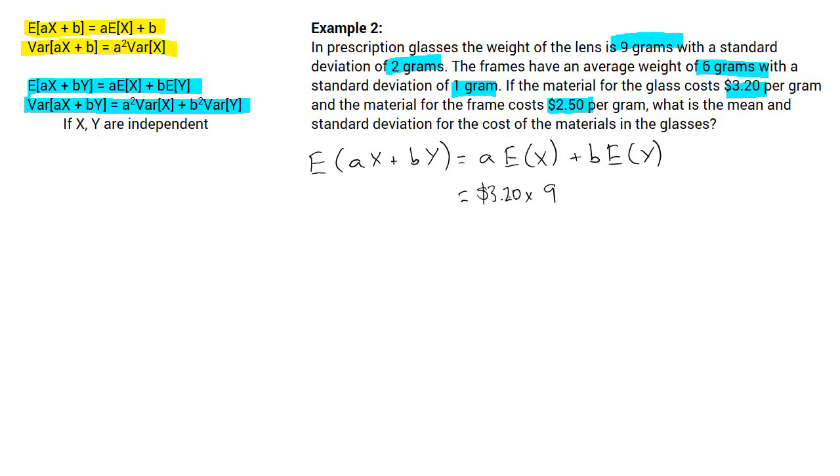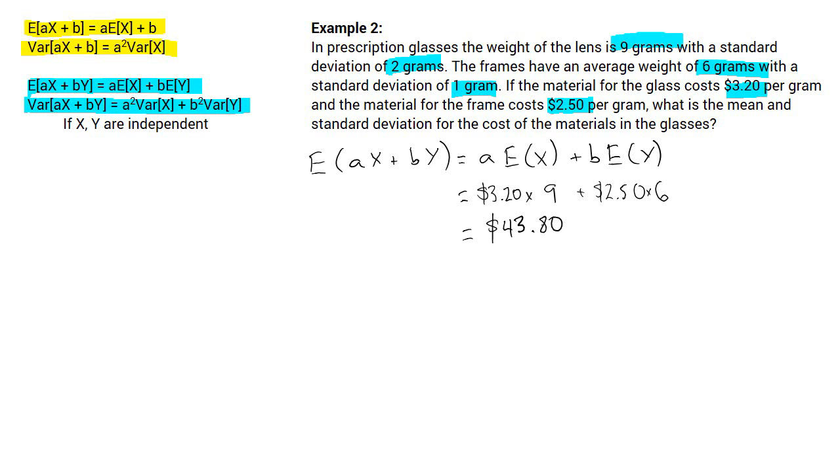And if the weight of the frames on average is 6, that's our expected value of y, and we're told they cost $2.50. So, if we type that all into our calculator, we find out that the average cost is $43.80.